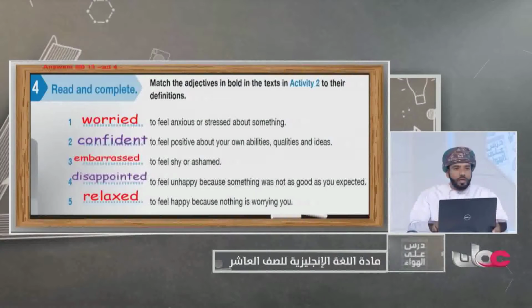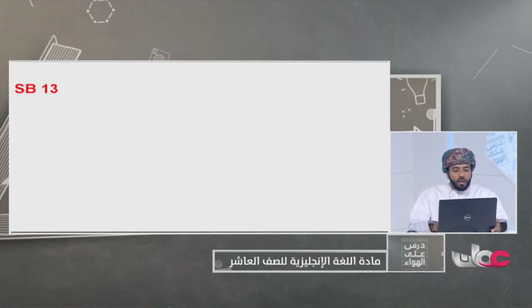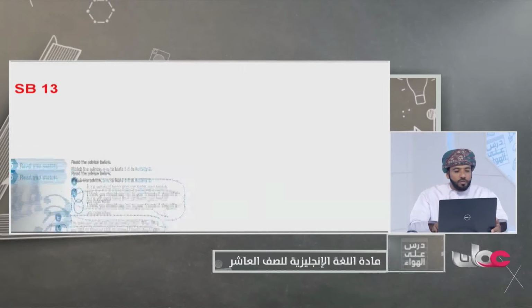So this is relaxed. So we have worried, confident, embarrassed, disappointed, and relaxed. They are very important vocabulary when we want to talk about healthy lifestyle. Okay, now guys, let's move to your skills book, page 13, and do activity number 5.